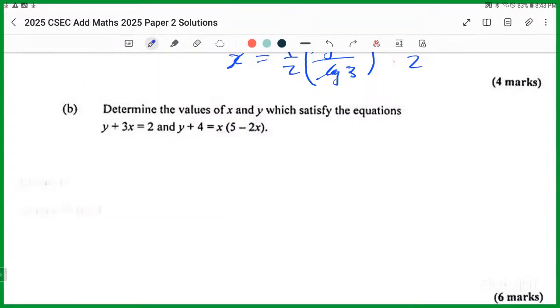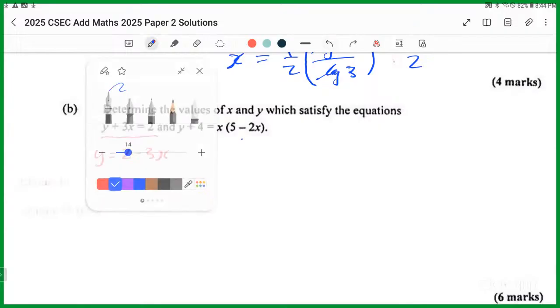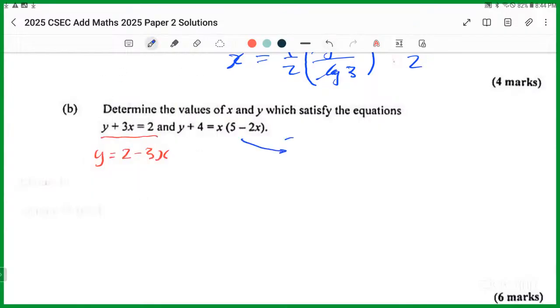Or I can just use a substitution method and use this equation and write y as the subject. So when I write this equation by transposing the 3x, that's y equals 2 minus 3x. I'm going to substitute for the y right here.